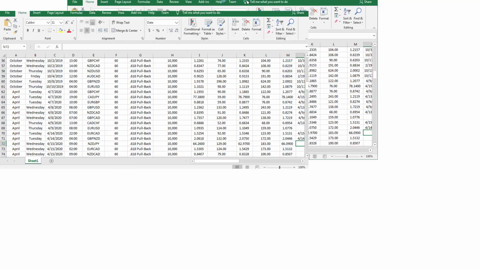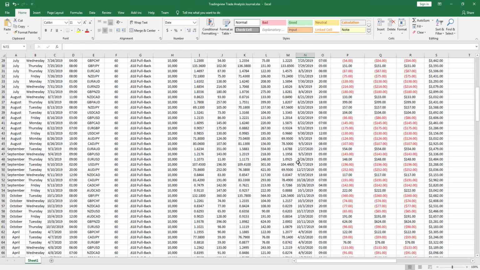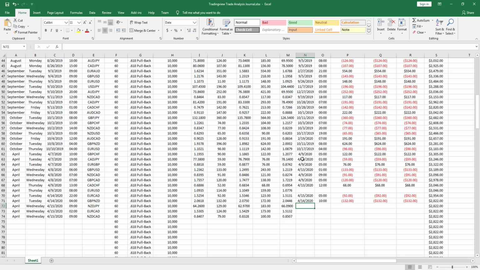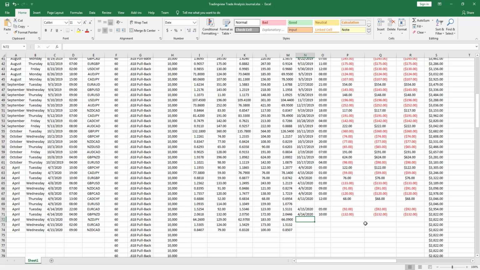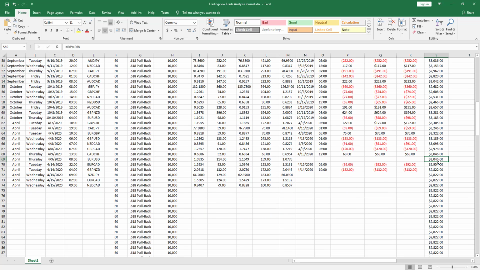I wanted to go ahead and show you guys the Trading View Trade Analysis Journal, which I've titled it up here as. Kind of a mouthful. But, as you can see, we were at 3,100, I think, at this point. And then we kind of rolled over, and then we just fell through the floor again, and now we're at 2,800.